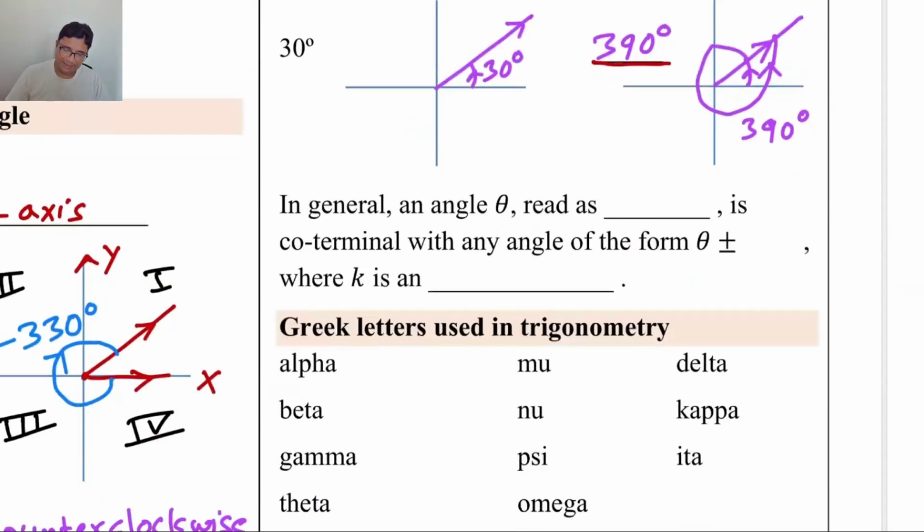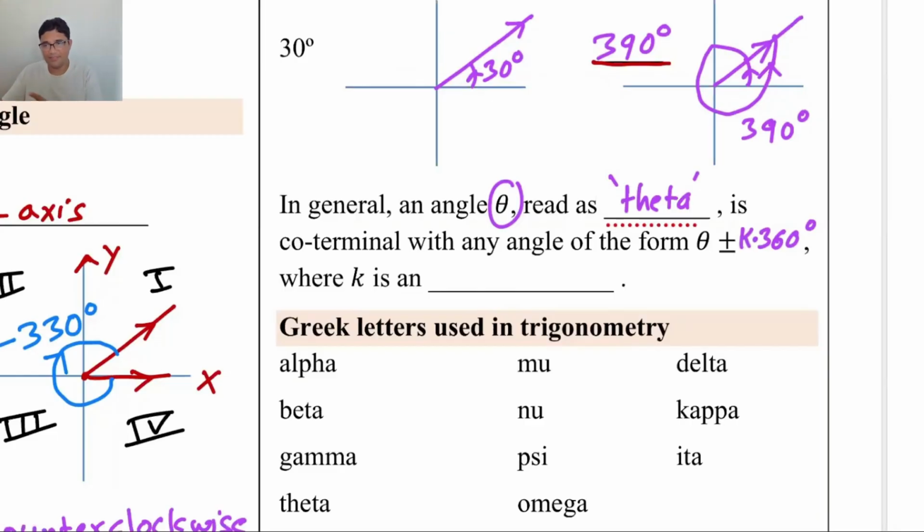Okay. In general, an angle theta, this is a Greek letter, read as theta. Very soon we are going to look at all other Greek letters as well. Theta is coterminal with any angle of the form theta plus or minus 360 degrees, right? But not just 360 degrees, k times 360 degrees.